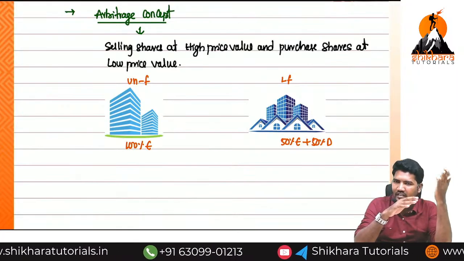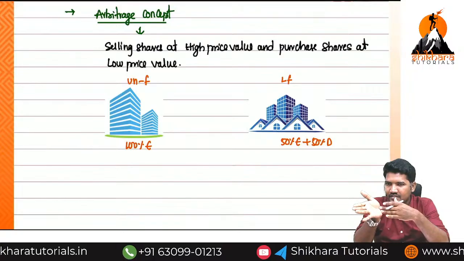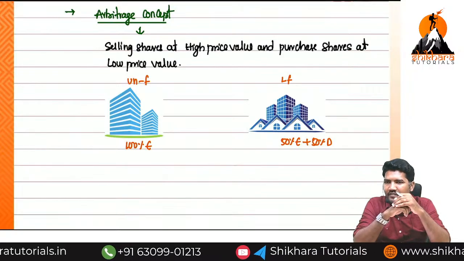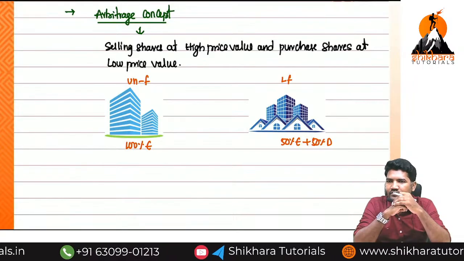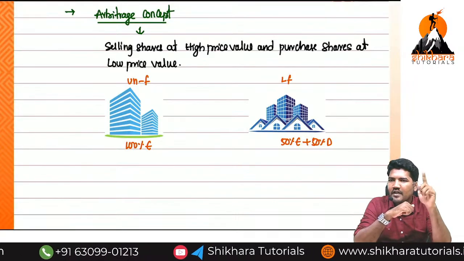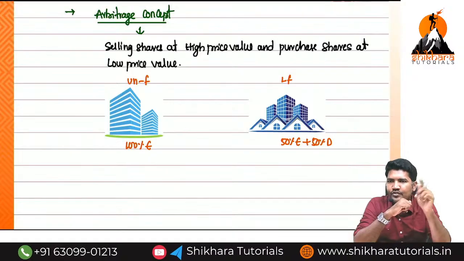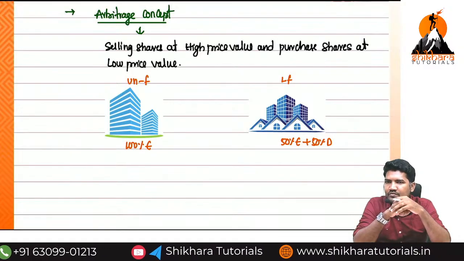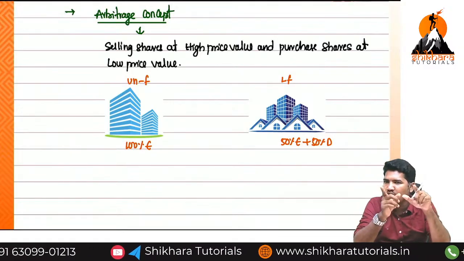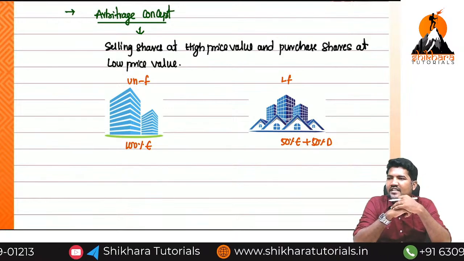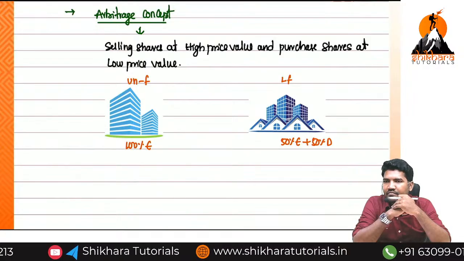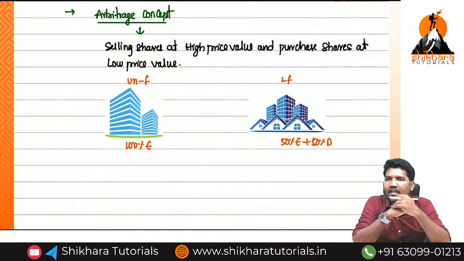That's why you sell the high price share and purchase at the low price. Either you shift from the unlevered firm to the levered firm or from the levered firm to the unlevered firm. You need to shift now. Arbitrage means shifting from high price to low price. How do you decide the shifting? Based on return on equity.